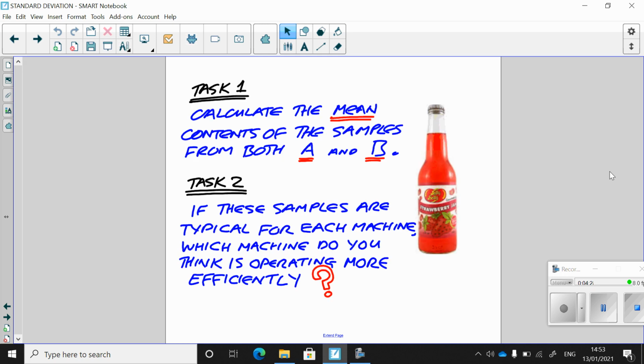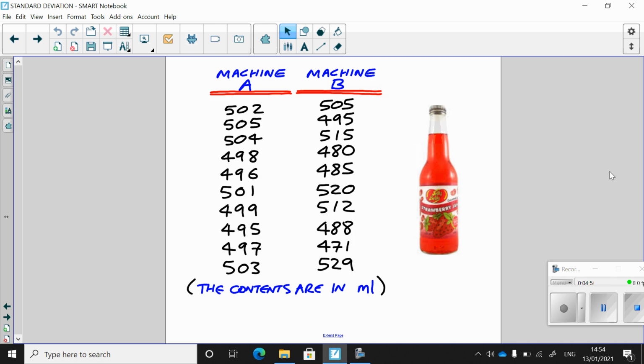There's a second task, and here, if you just go and look at the numbers from machine A and machine B, it's asking which one do you think is operating more efficiently or better. Just go and have a look at the numbers and see how you got on.